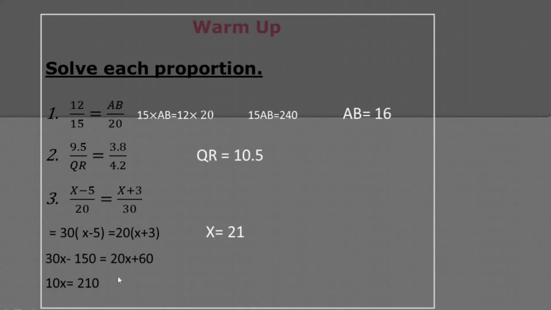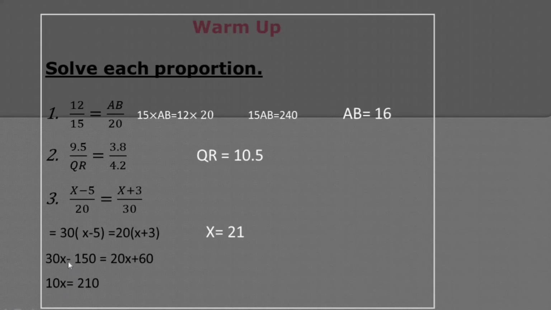Now I have two sides, both with x and both with numbers. I'm going to get the variables on one side and the numbers on the other side. So I need to get rid of 20x. I'm going to subtract. 30 minus 20 is 10.